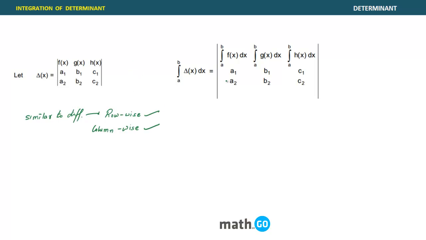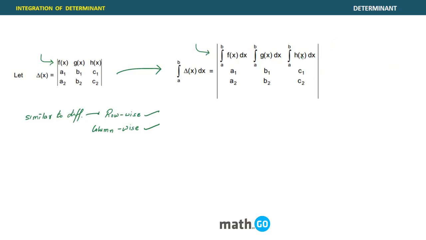The same process is applied for integration. For example, here you can see the integral from a to b of delta x. If the variable is only in the first row, I'll just place the integral only in the first row. Had it been that these are also your variables, then exactly the same way we'll integrate the row 2 elements.